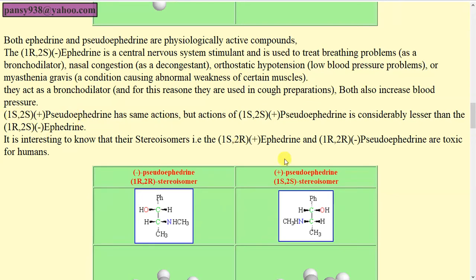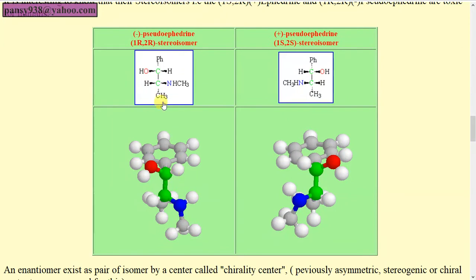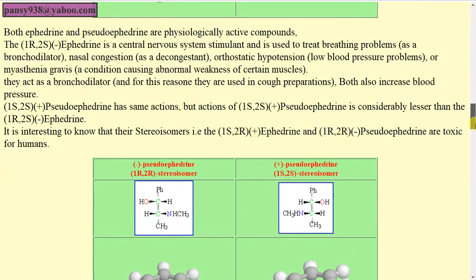And again, the negative pseudoephedrine is toxic. Very interesting. This is the negative pseudoephedrine. This has a toxic action on our body, and plus pseudoephedrine is a respiratory system drug and is a bronchodilator.